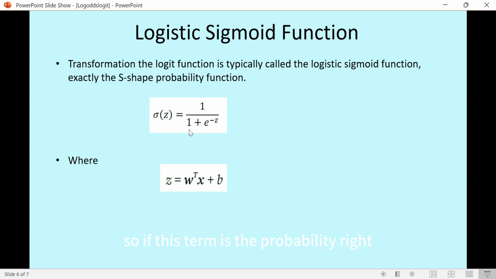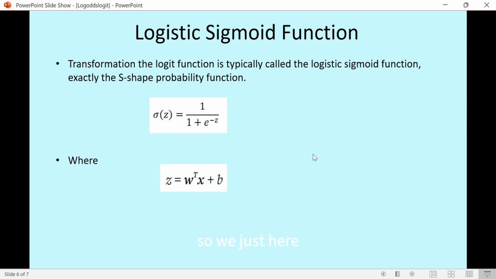The probability equals 1 divided by 1 plus e to the negative logit. The logit, also called log odds, is Z, which is the explanatory variables times the parameters, so we write Z equals the parameters times X plus b.